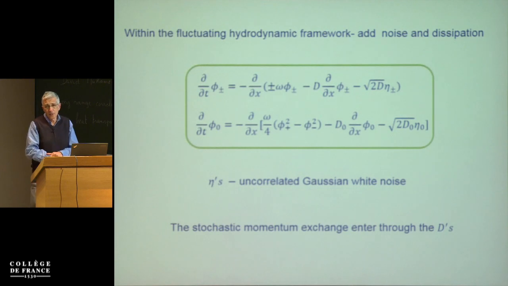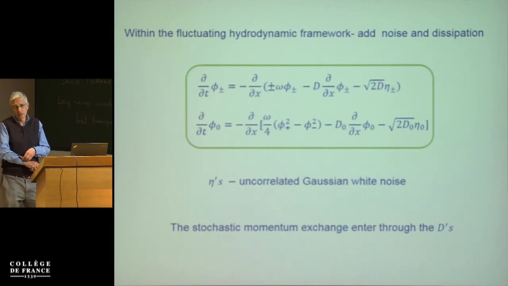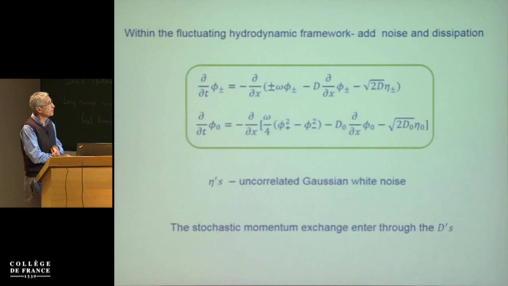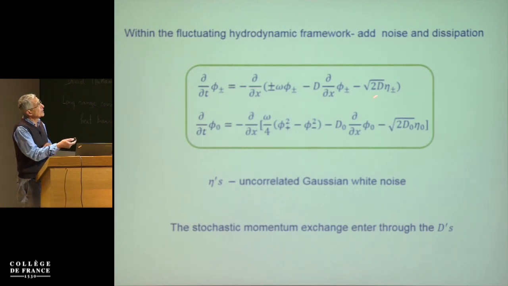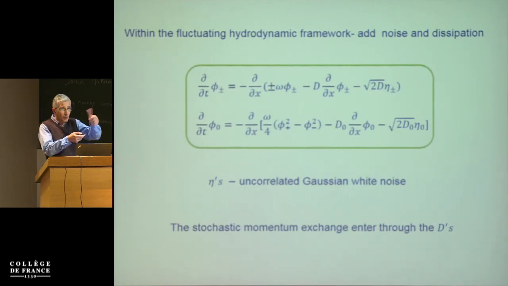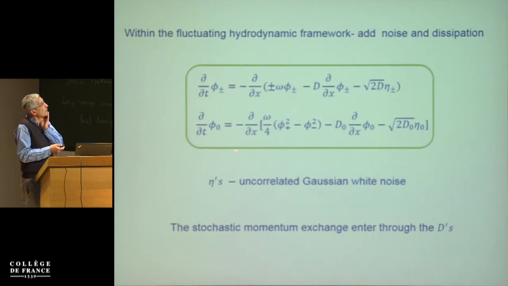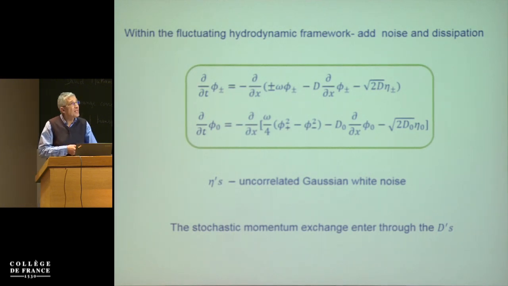Basically these are the equations that you are interested in solving. The etas here are uncorrelated Gaussian white noise, and the stochastic momentum exchange is the mechanism that provides for this diffusion. So these are the equations of propagation of this system in the hydrodynamic limit.